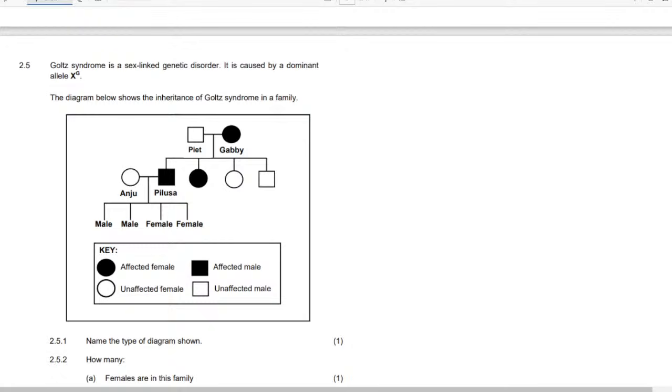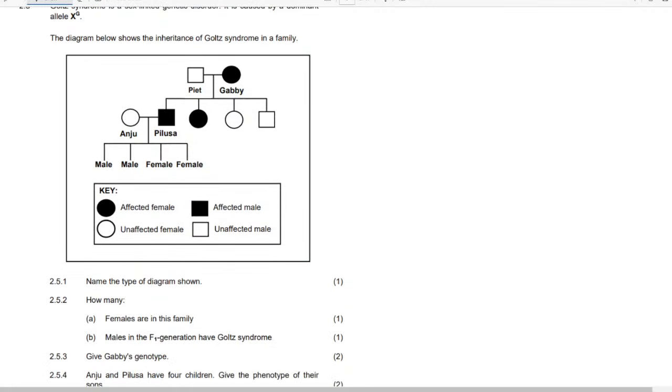It is a sex-linked genetic disorder caused by a dominant allele on the X chromosome. This shows that it is sex-linked. I told you that you cannot use X and Y unless it's mentioned in the question. The diagram below shows the inheritance of this syndrome in the family.